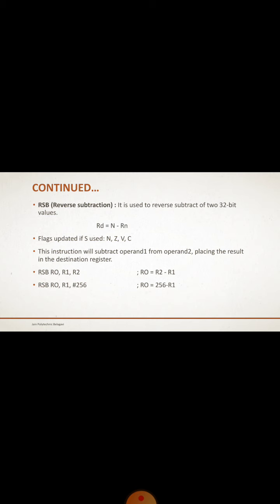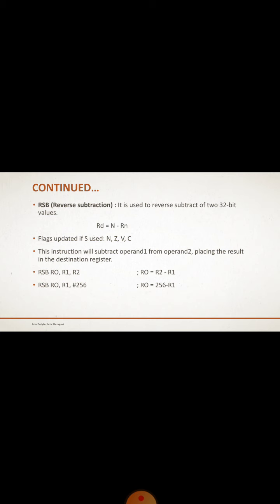Next is RSB R0, R1, #256. In this, 256 minus R1 value is stored in R0. Instruction RSB will subtract operand 1 from operand 2, placing the result in destination register. Here, one thing has to be noted.